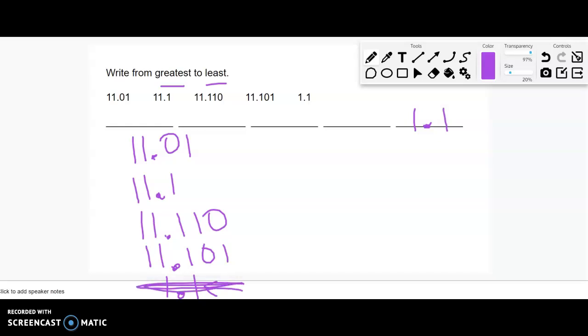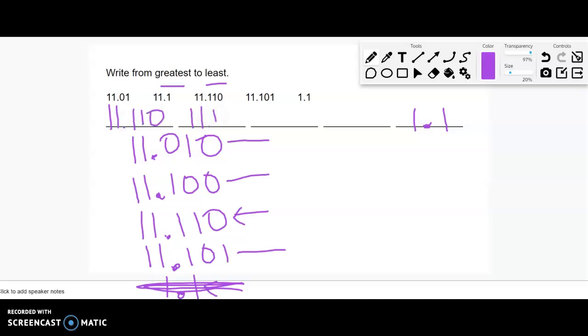Now I will add my zeros. I could have added my zeros before I did that, but I noticed with the whole number that it was different, so I was able to eliminate that one and put that in its spot right away. Now I have 10 thousandths, 100 thousandths, 110 thousandths, and 101 thousandths. So I know 110 is the biggest.